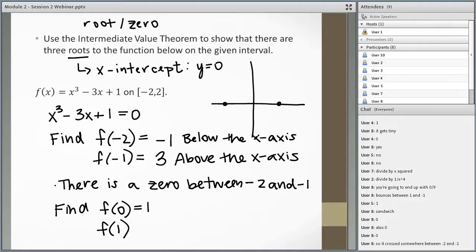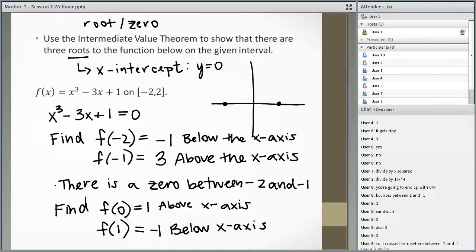And when I plug 1 in for x, I get -1. So that tells me that this function, again, crossed the x-axis somewhere between 0 and 1, because it was above the x-axis at 0, and now at x equals 1, it's below the x-axis because we got a negative number, which means somewhere between the two values, this function has crossed the x-axis.